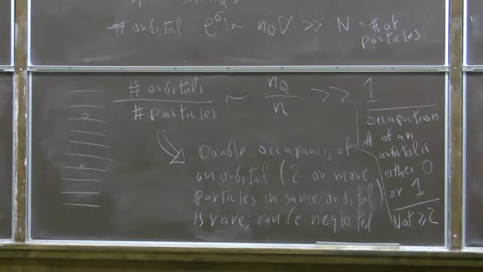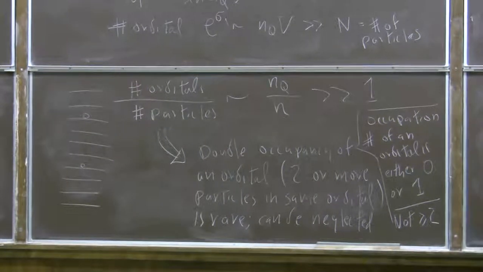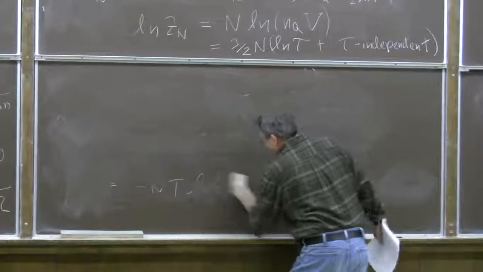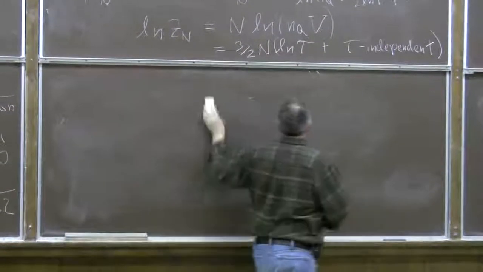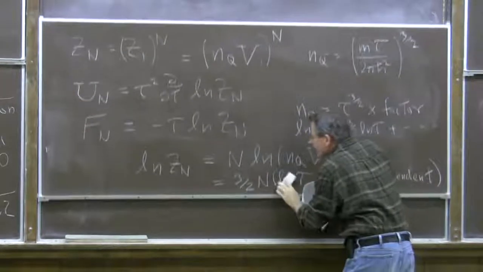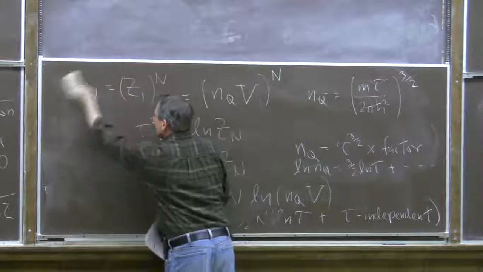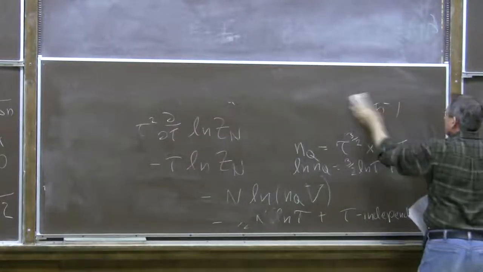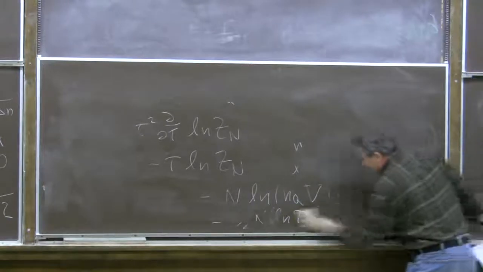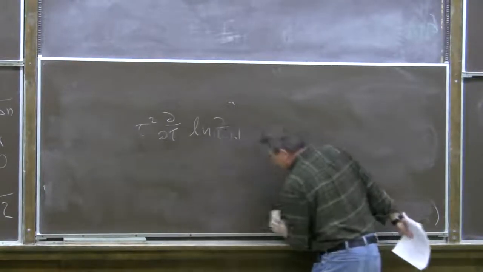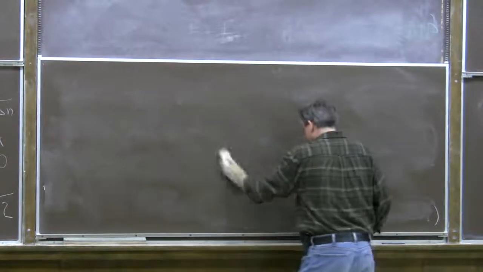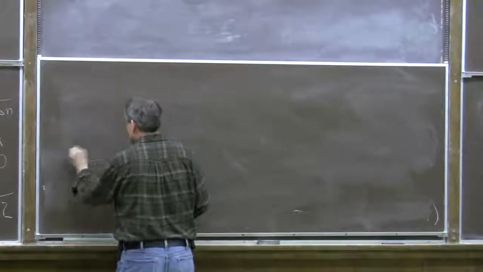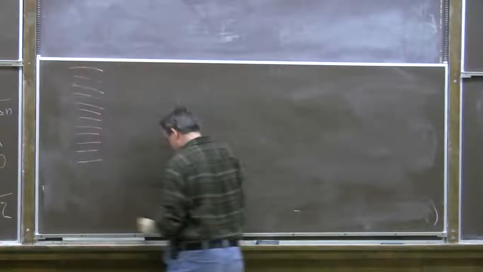Okay? And that's a very good approximation in the limit of a very dilute gas, because there are many more orbitals than particles. So then it's easy to fix things up because there are lots of orbitals, just a few particles.